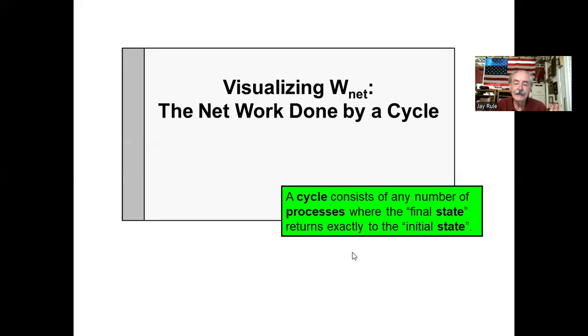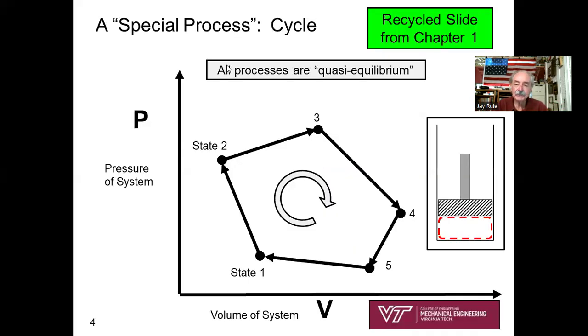It's as simple as that. And I've taken a screenshot of a slide that I've drawn before, a recycled slide from all the way back to Chapter 1 when we were talking about processes.